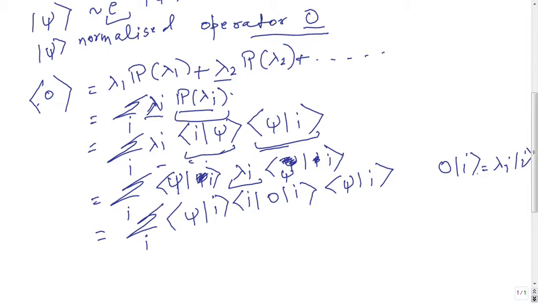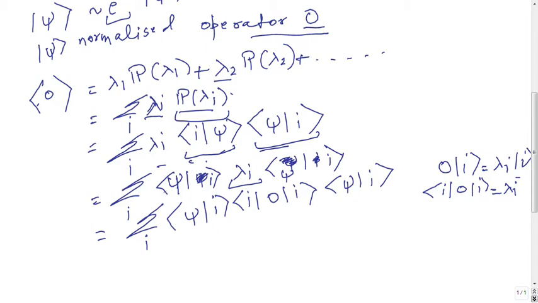That's how an eigenvector is defined, and then if I apply this bra on it, assuming this set of eigenvectors are normalized, it would give me lambda i because the inner product between |i> and |i> would be 1.